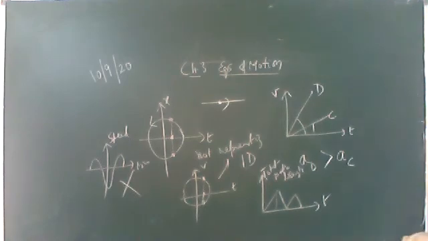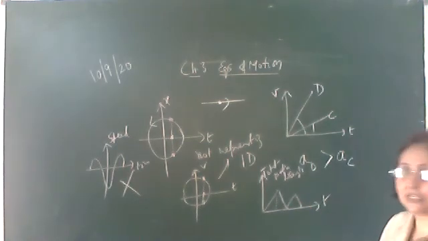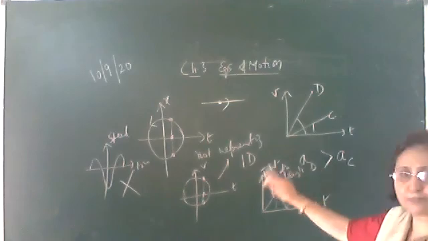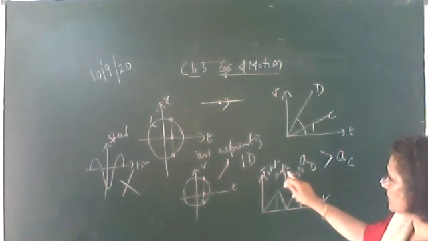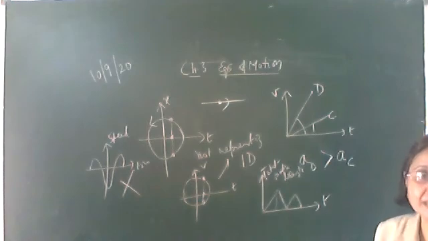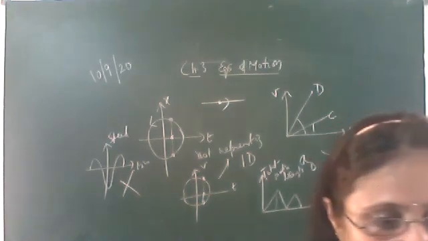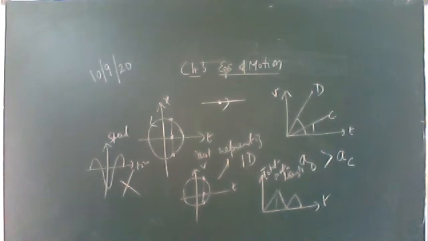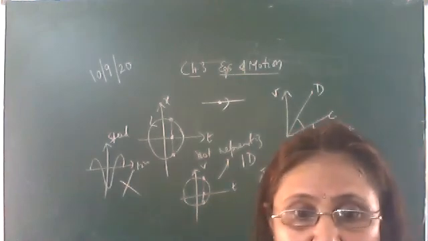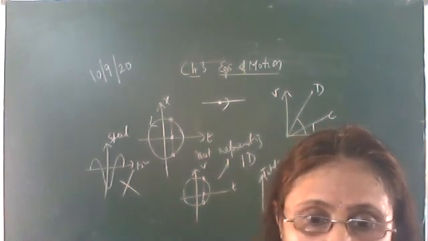A particle is moving, so distance will obviously keep on increasing. Here the distance is decreasing. If it was displacement, then it would have been possible. But here it is given total path length with the time. It is not possible. Is it clear? Okay, very good.